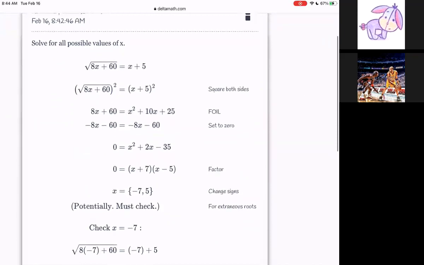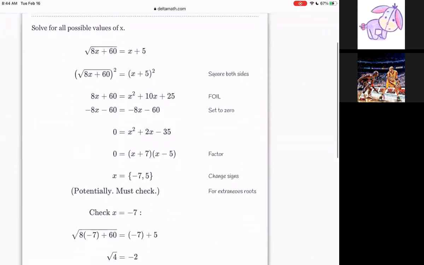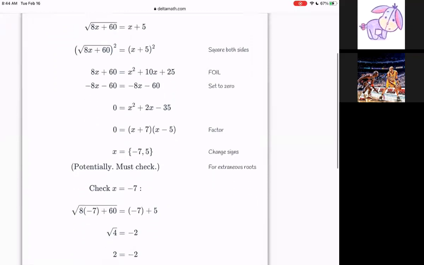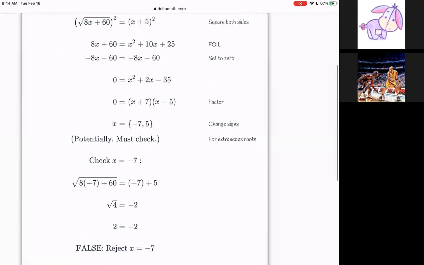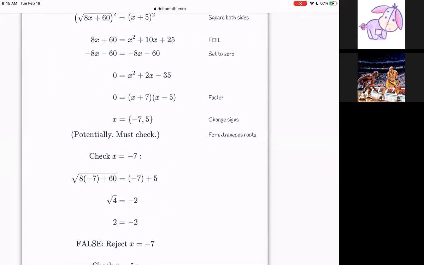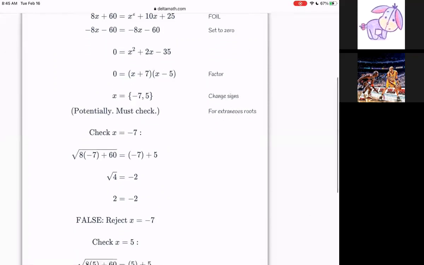You can see them plugging it in and getting the square root of 4. They simplified a bit more than us, but the square root is equal to -2. False. You must reject x equals -7 because your square root can't be a negative number. Their square root simplifies to +2 because square roots are always positive. But when you did -7, it gave us a negative on the outside, so you can't have that. We reject it.